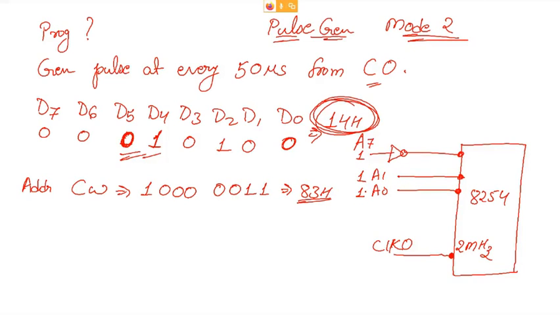Okay, so now the question is to write the program so that the IC works in mode 2. Clear? And what should be the count that you have to load? So this is the first step.